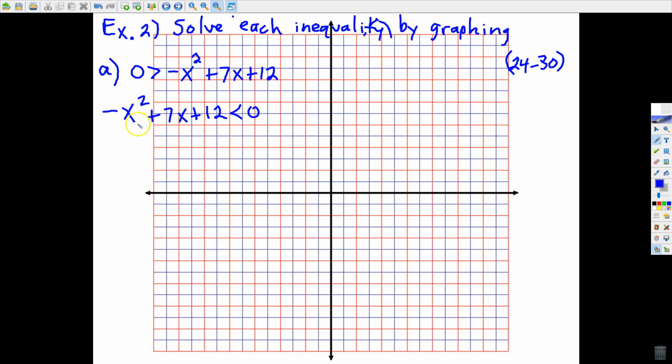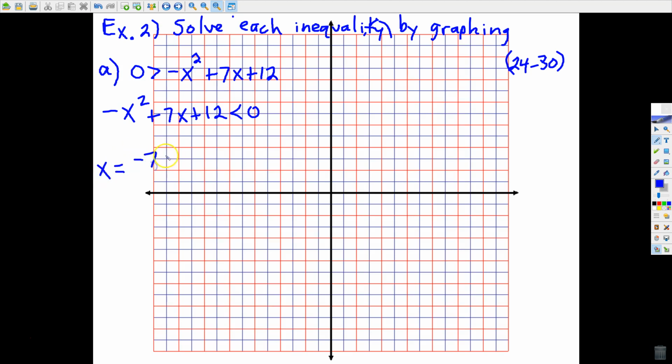And in a similar way, I want to think of this as an equation. And let's solve the equation so that we can know, since we've got to solve by graphing, let's see if this graph crosses the x-axis. And if so, solving it will tell us where. So once again, if you haven't already, you can jump into the quadratic formula since this doesn't factor. And let's see what comes out.